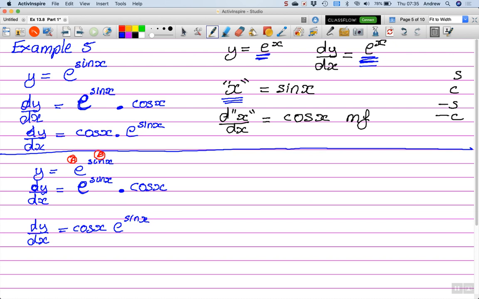Okay, and then you've got method number 3, which is a wordy method, and now you have to listen to my language. Maybe I'll just write it down and you could learn it in words.